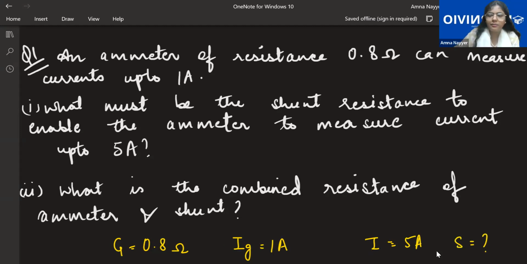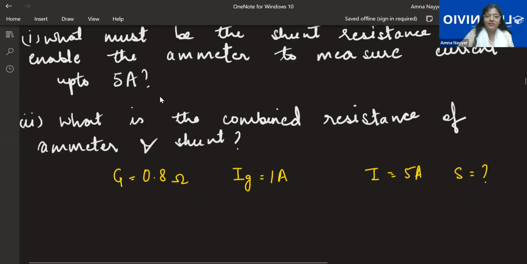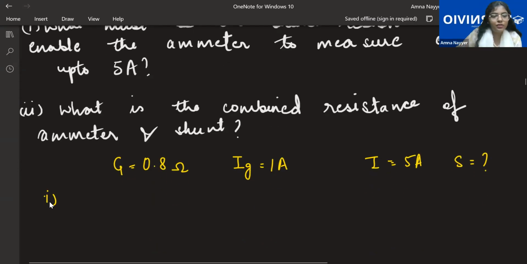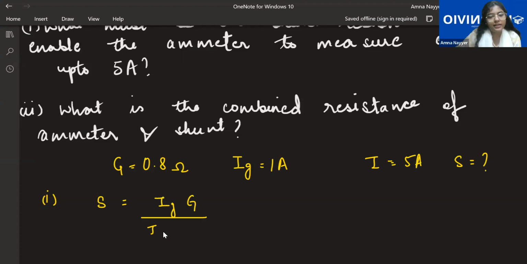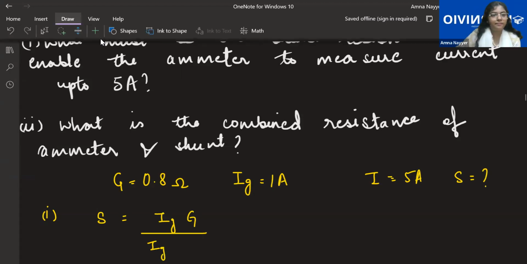Got it? Just understand the meaning, because the solving part I know you will be able to do. You just have to relate what is the meaning of it. An ammeter can measure, but we don't have the ammeter. We have the galvanometer. So for us, this will be the data. So you write all the data, then you write the value of the shunt as Ig into G divided by I minus Ig.